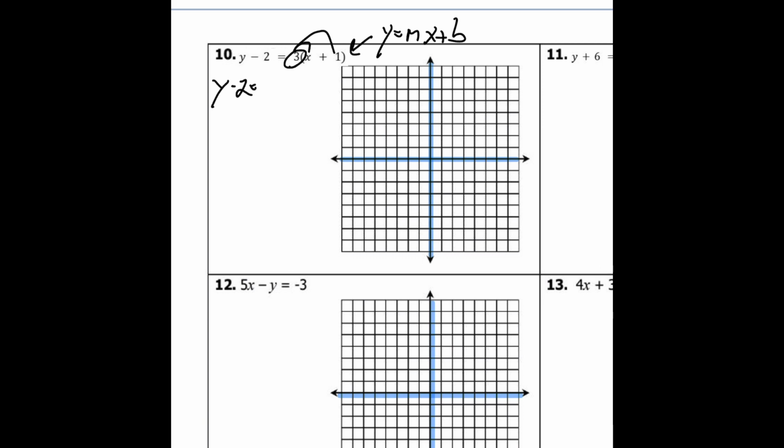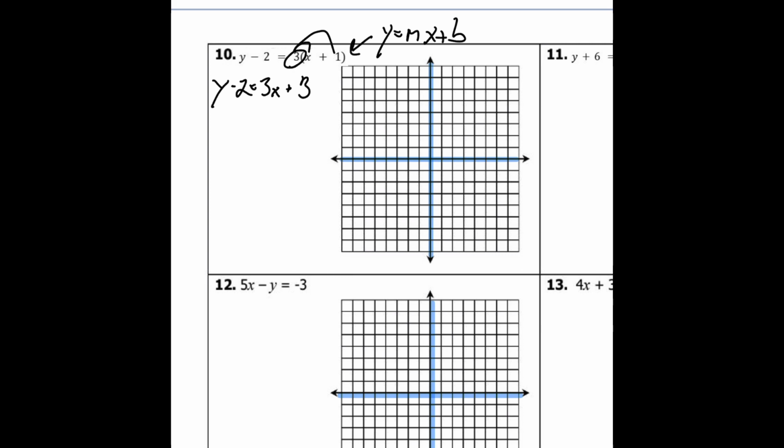And then we will multiply the 3 times both terms inside the parentheses. 3 times x is 3x. 3 times 1 is 3. All right, so we're almost where we need to be. I want it to say y equals mx plus b. I have y minus 2 equals 3x plus 3.